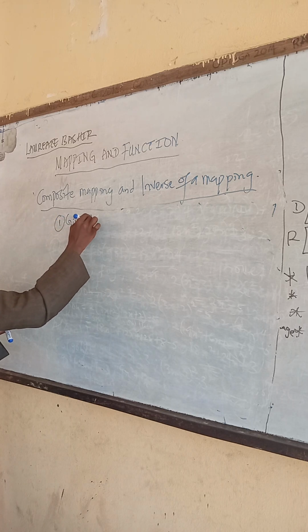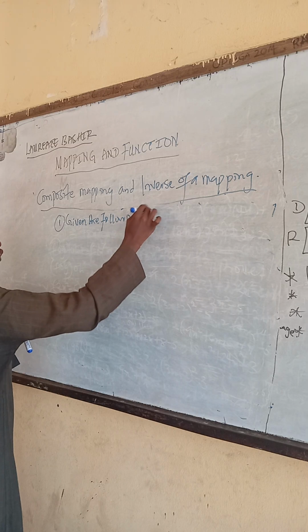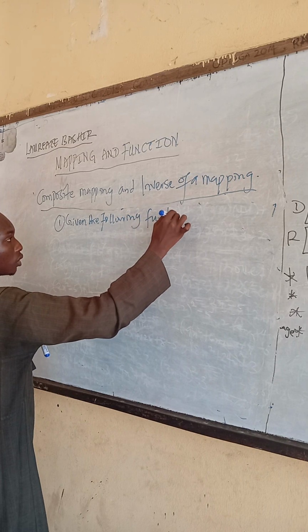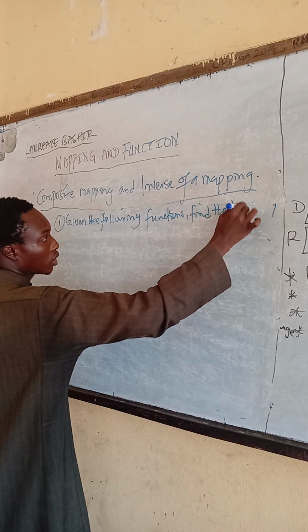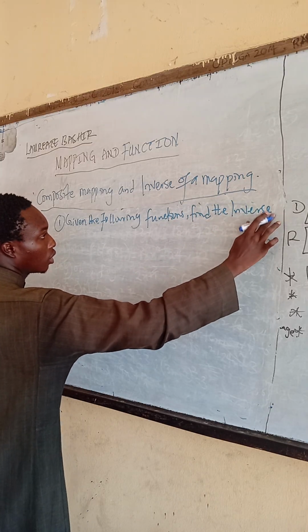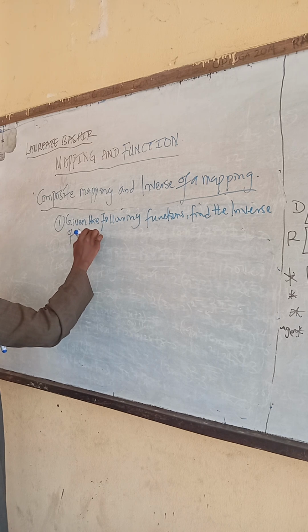Given the following functions, find the inverse of the mapping.